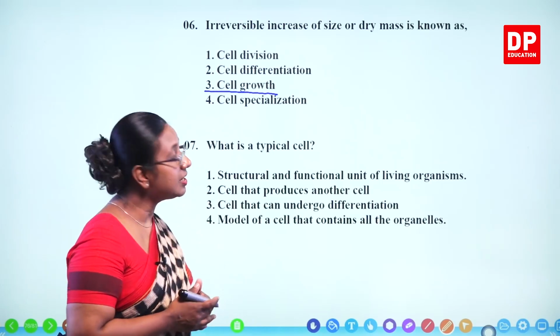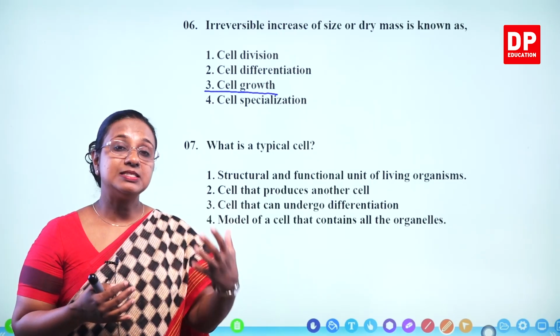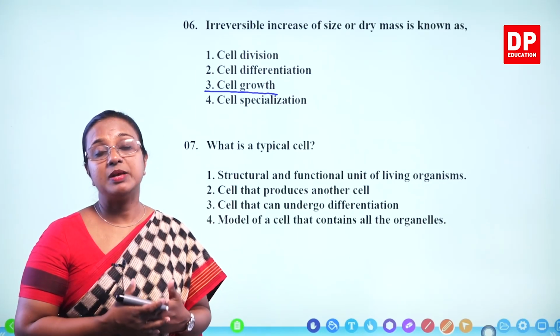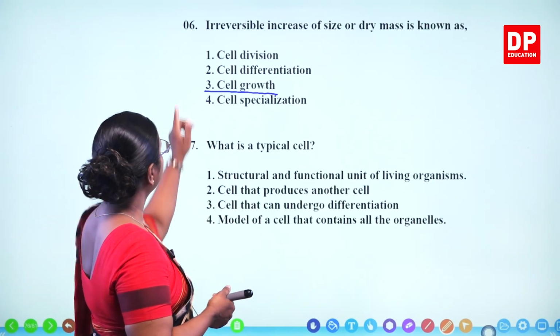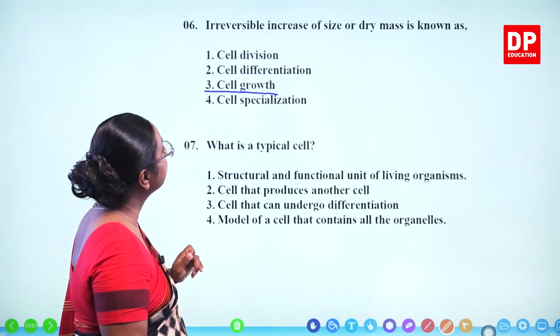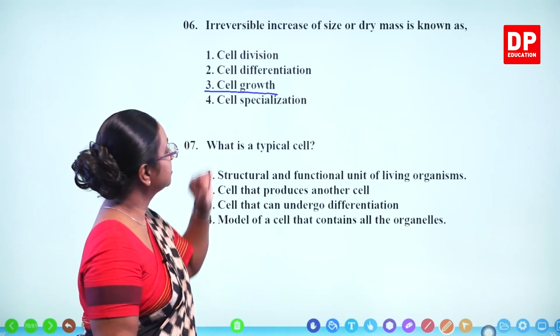And cell specialization, that is also the process of the cell becoming different and performing specific functions. So those two don't have this particular definition. Irreversible increase of size or dry mass is known as cell growth.